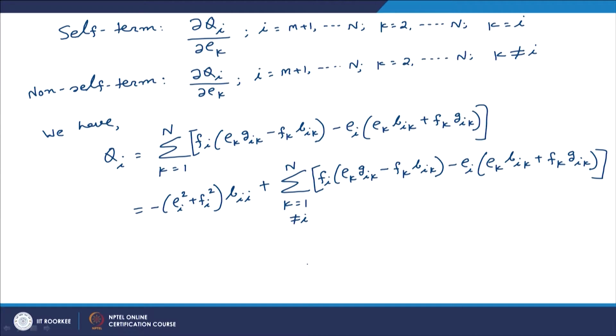So, now we first do the non-self term. So, non-self term would be delta Qi by delta Ek, k is not equal to I, and we have already written the ranges of I and k here.